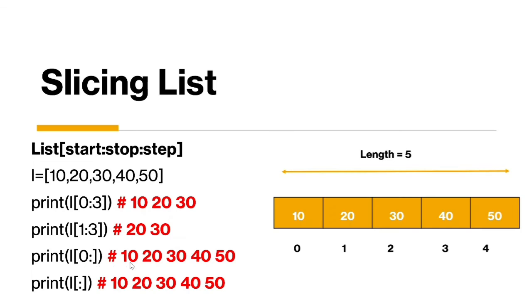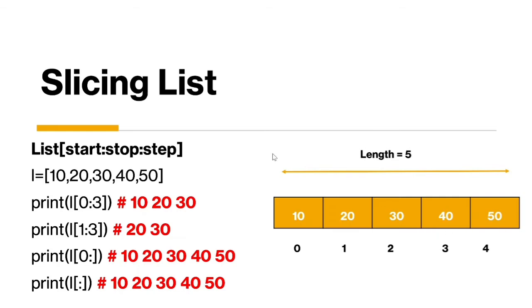So with this, I got all the elements of my list. Next, if I skip each and every value and just write simple colon, then also I will be getting the complete list. It can be understood like this. If I put the start value as 2 and do not write any other parameter after the colon, it means that I will get 2, 3 and 4th indexed value. That means 30, 40 and 50 will be printed.